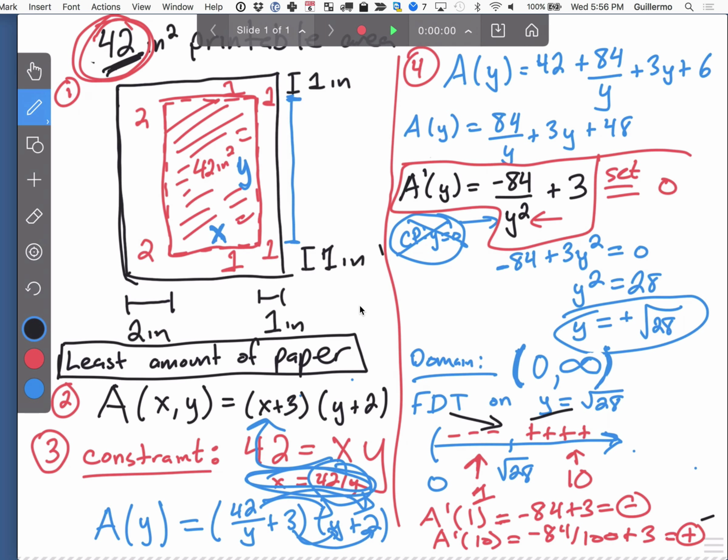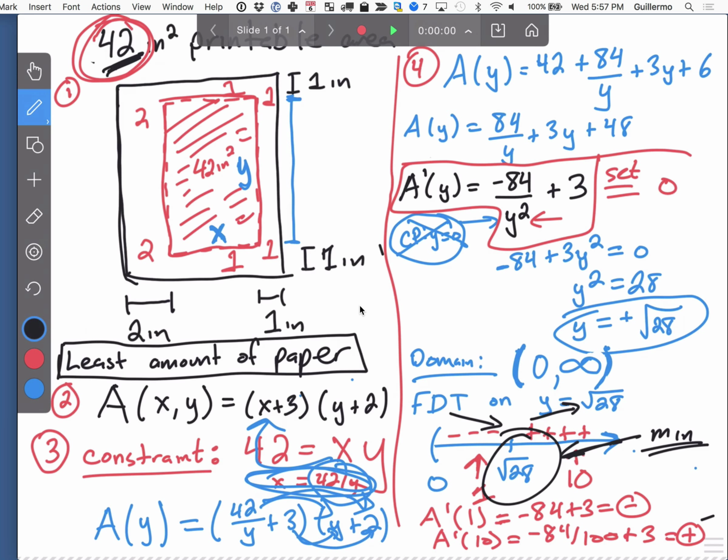So then it's increasing, right? Okay, so what does that tell me? That tells me that this is the minimum, right?